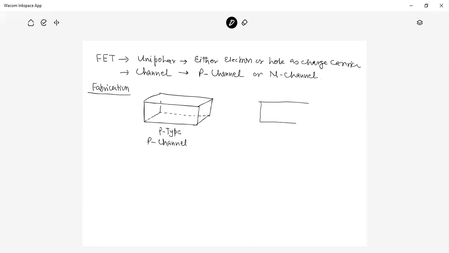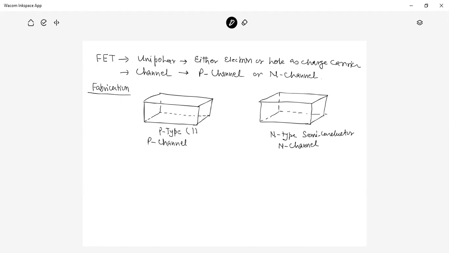If we take another block, then this is known as N type semiconductor. So this N type semiconductor is termed as N channel. So what is the advantage?